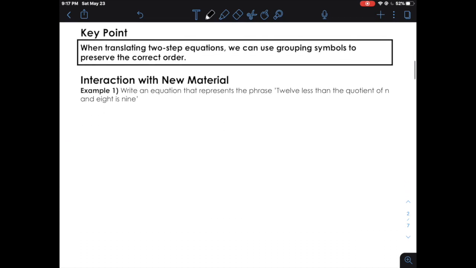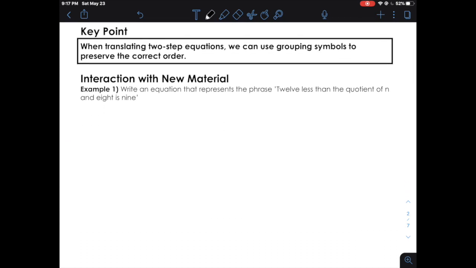We have a key point for today. Our key point says, when translating two-step equations, we can use grouping symbols to preserve the correct order. When translating means kind of like when trying to understand, right? Like when I translate words from Spanish to English, I'm trying to understand what these Spanish words mean in my language, English. So translating is just trying to figure out what the meaning is.